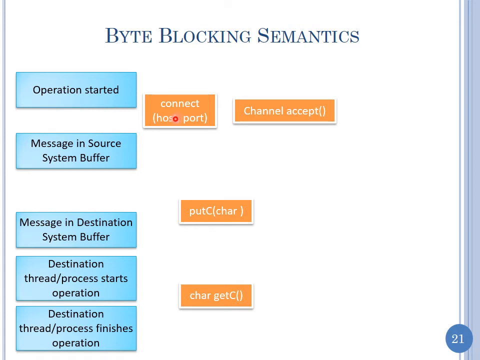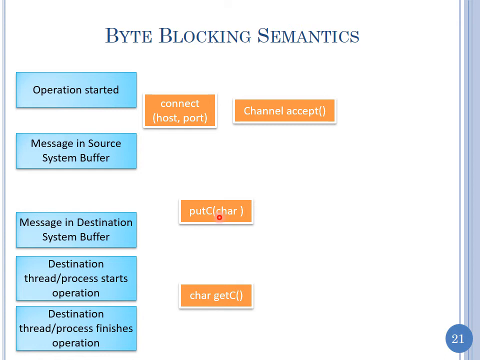The connect operation sends a message to the destination, and when it's accepted, the result of the accept is a new channel that is connected to this channel. That's a new channel derived from the factory channel. That's why we call it a factory channel, so that now we can send data between them.